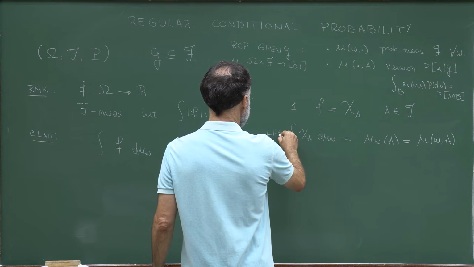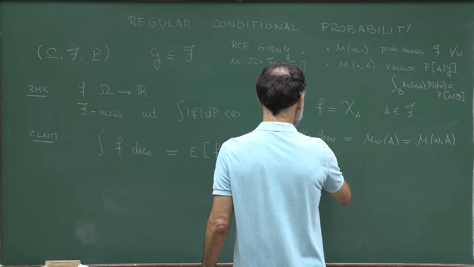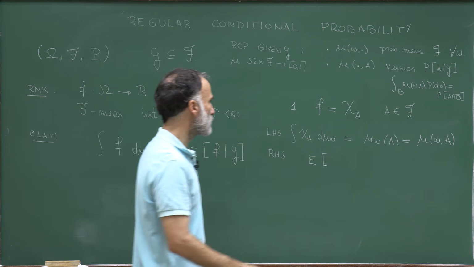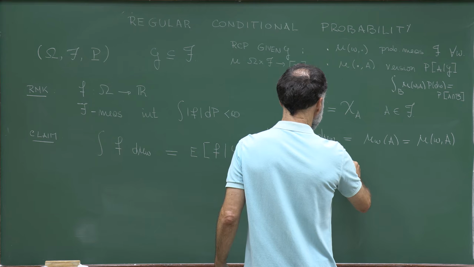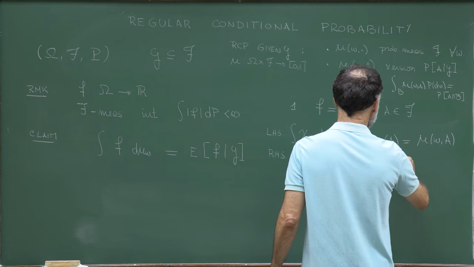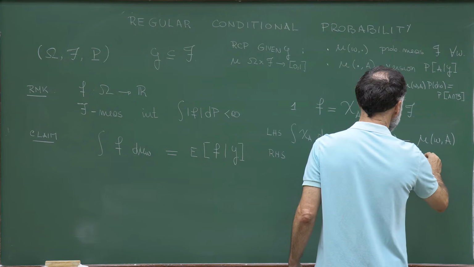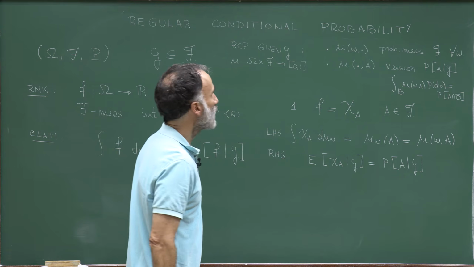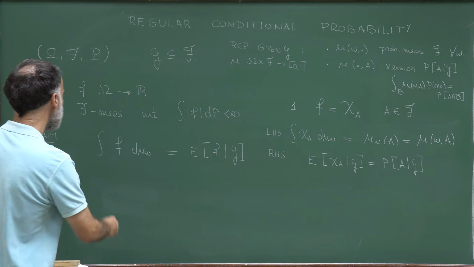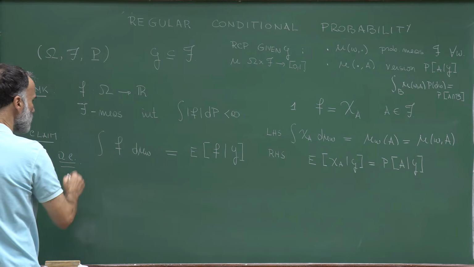And on the right-hand side, what we have is the conditional expectation of f, where f is the indicator of a set A, given G. So this is the conditional probability of A given G. And indeed, these two expressions are equal, and this is, of course, almost everywhere. I forgot to insist on this fact.